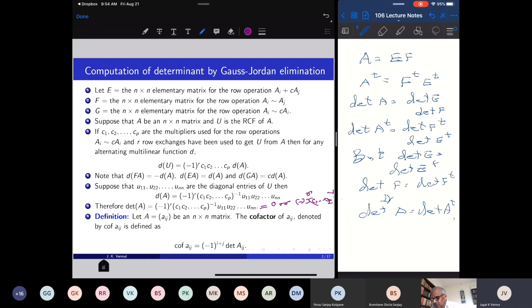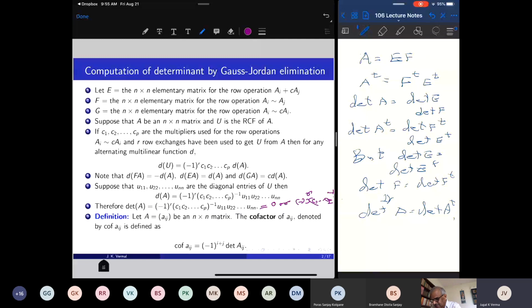The row canonical form is either the identity matrix or a matrix which has a 0 row at the bottom. If a 0 row occurs at the bottom, then the determinant is 0, by this formula. If the row canonical form is the identity matrix, then the determinant of the given matrix is (-1) to the power of the number of row exchanges used to get the row canonical form, times the product of the multipliers.